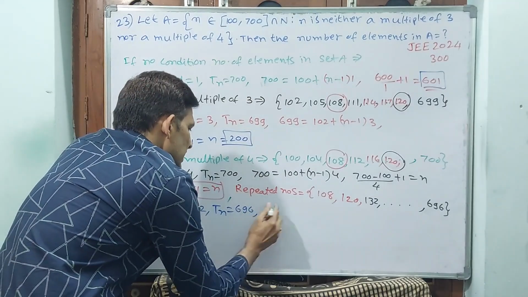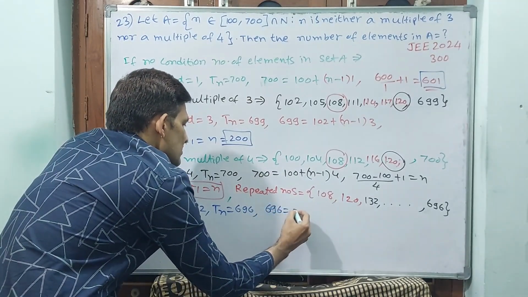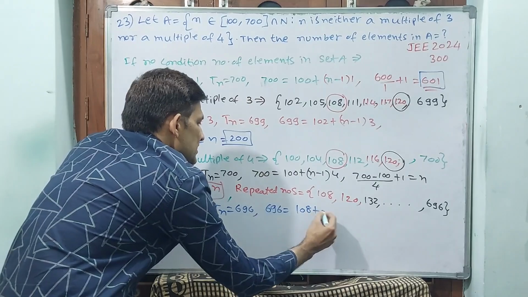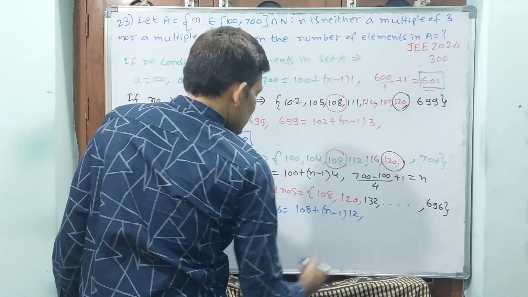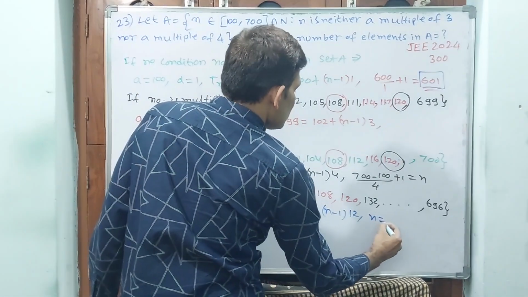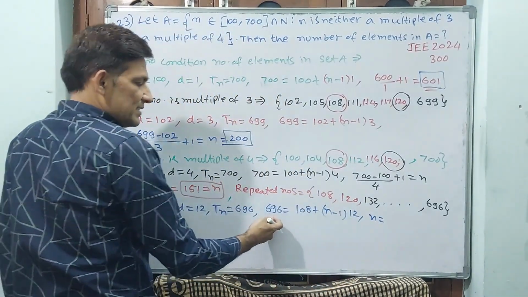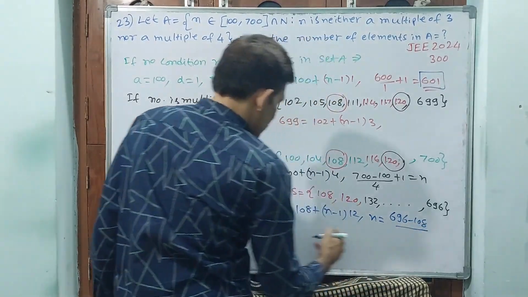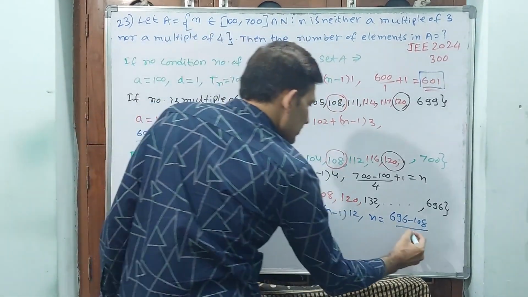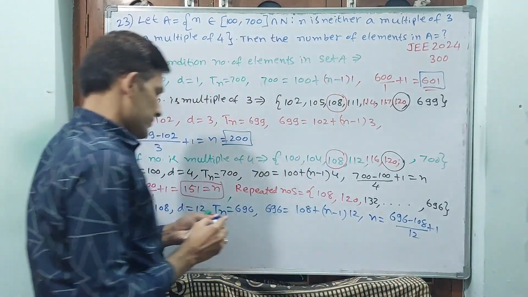Directly we can write 696 is equal to 108 plus n minus 1 into d. d is 12. Then how can you write n? n is equal to, first you subtract 696 minus 108, divided by 12, plus 1.